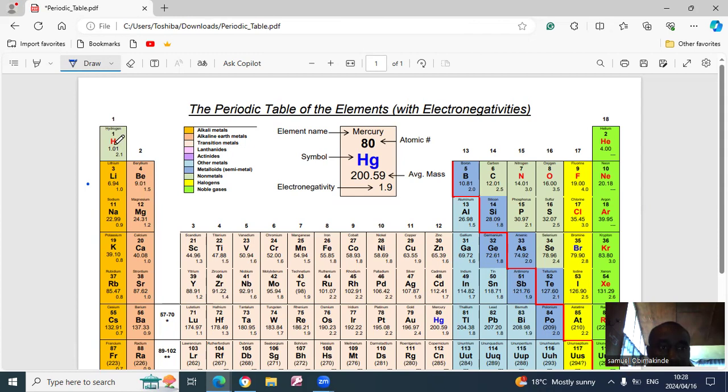Sometimes it behaves as a metal, and sometimes it behaves as a non-metal. So this is group 1. The elements in this block belong to group 1. Then the elements in this second vertical block are said to be in group 2.